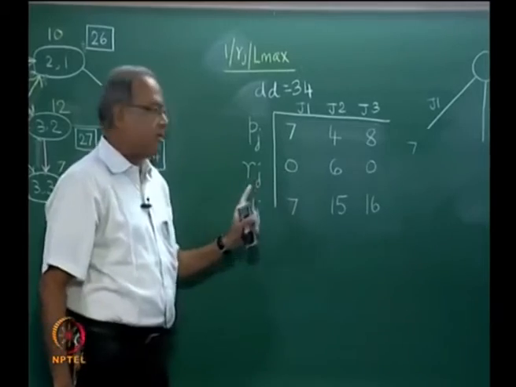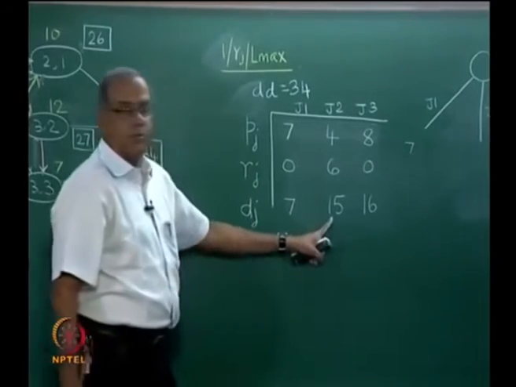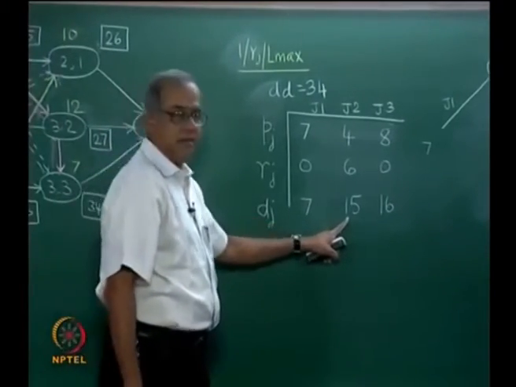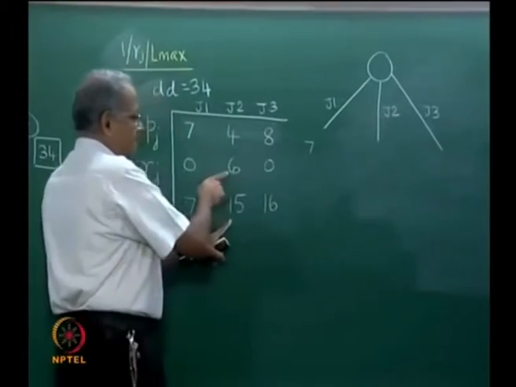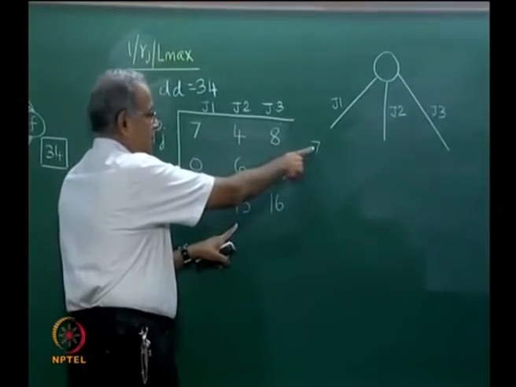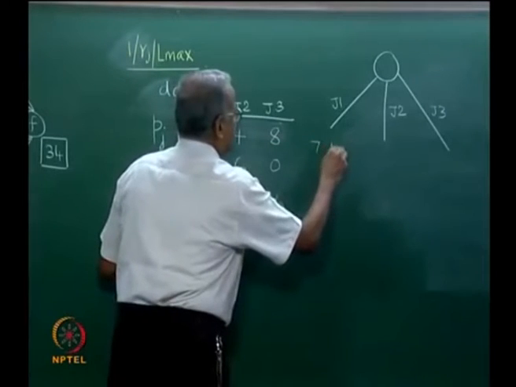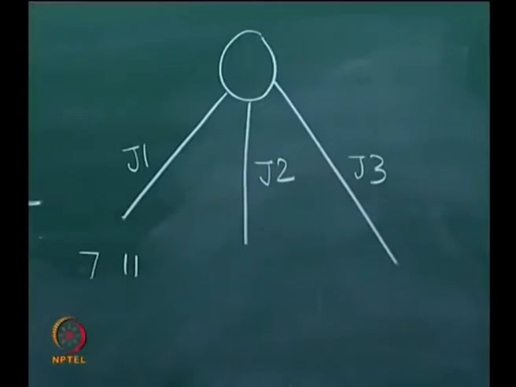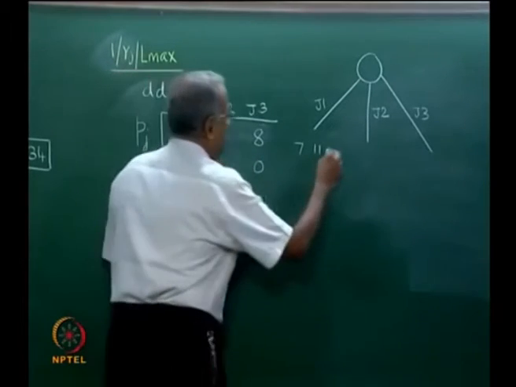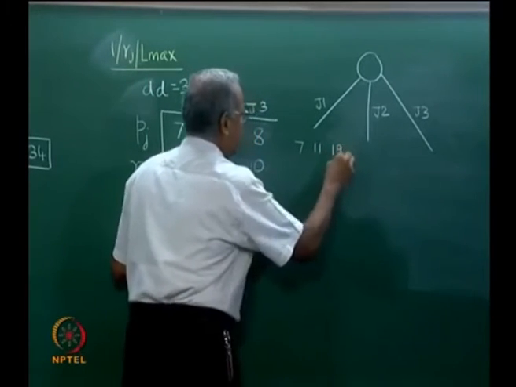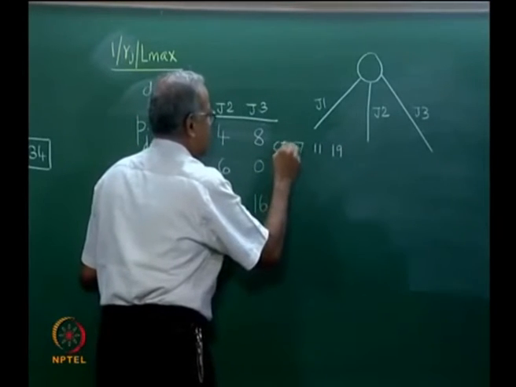Following the earliest due date sequence, we try to get J2 inside. J2 is available at 6, now the machine is available at 7. So this will become 7 plus 4 11, by which time J3 is available. So plus 8 19. So these are the completion times.